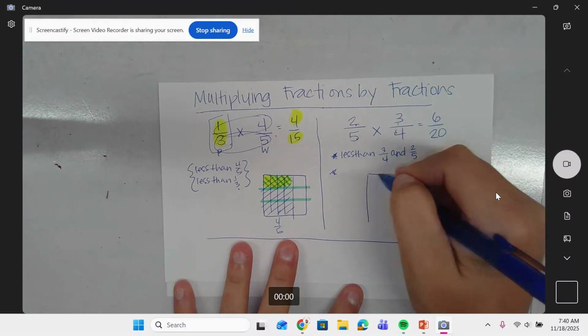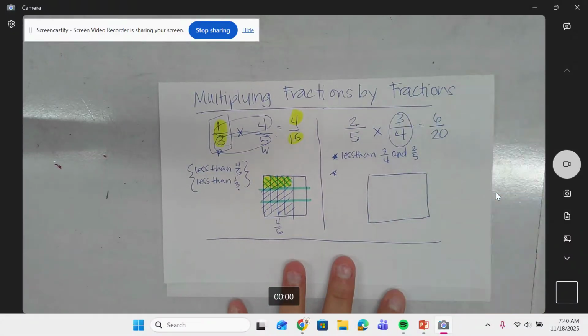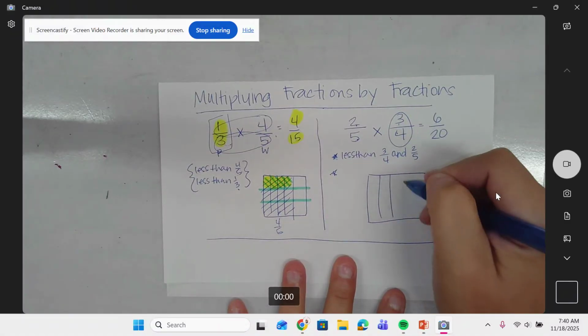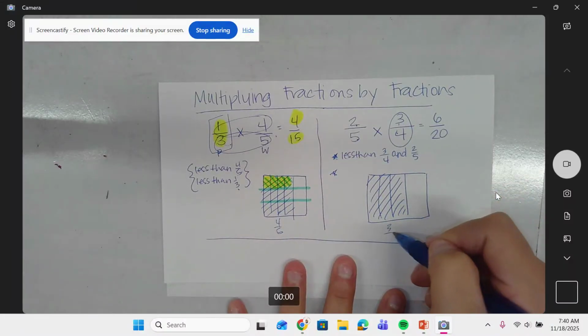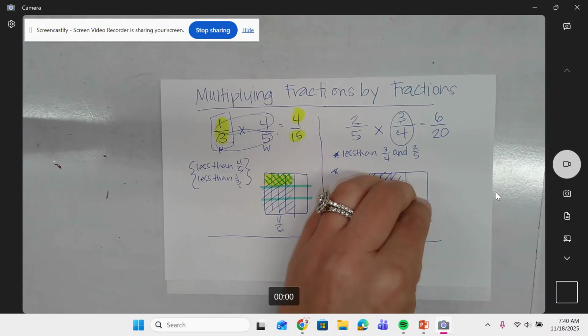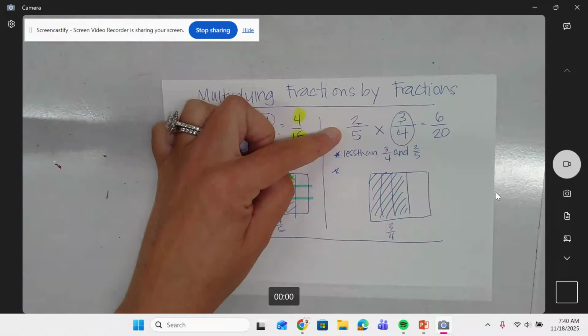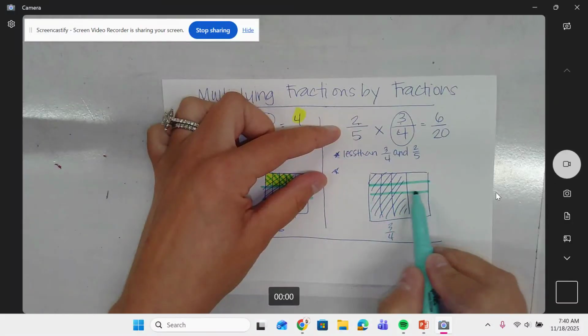And if I wanted to check this thinking in a model, I'm going to show these 3/4 first. So I'm going to partition it into fourths. I'm going to shade in 3 of them. I want to make sure I label my original 3/4. Now, of this 3/4, we want to find 2/5 of it. So I'm going to partition this into fifths.